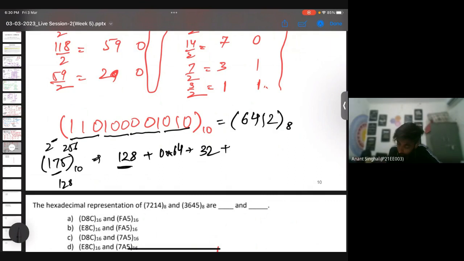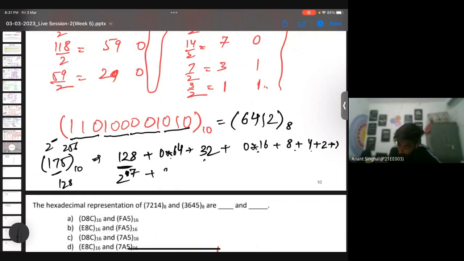So not 16, then 8. 168 is there, then 4. 172 is there. Yeah, so it is nothing but 128, which is 2 to the power 7: 0, 1, 2, 3, 4, 5, 6, 7.